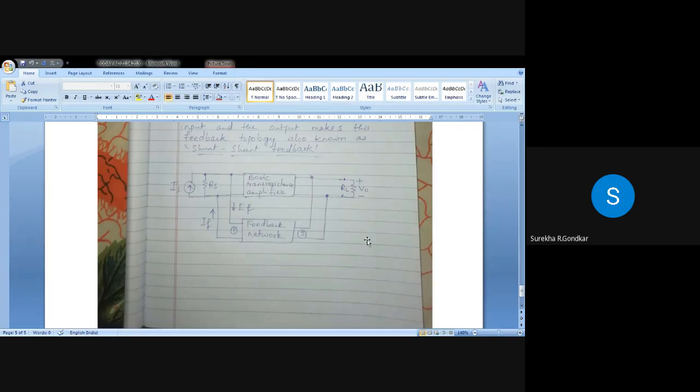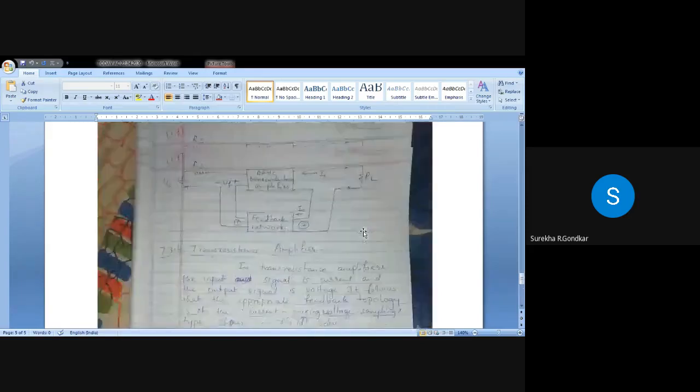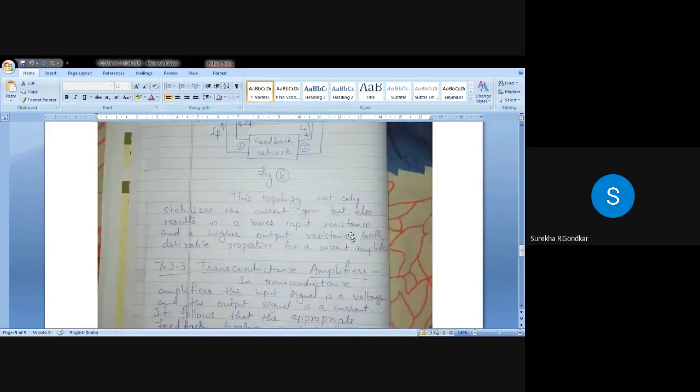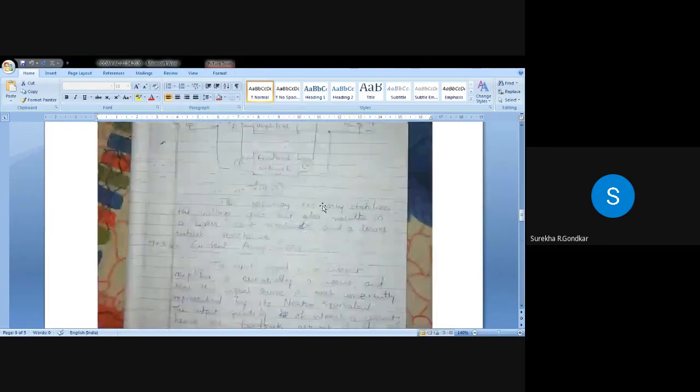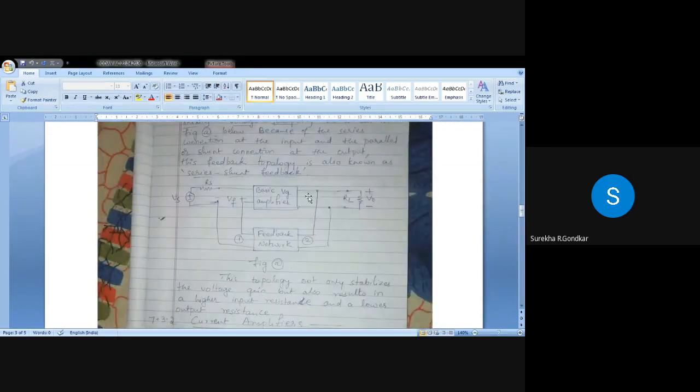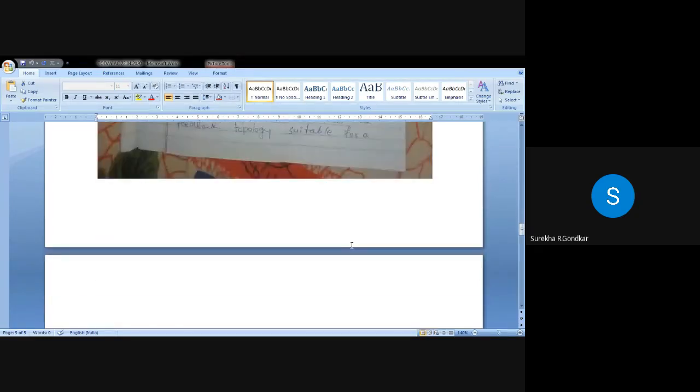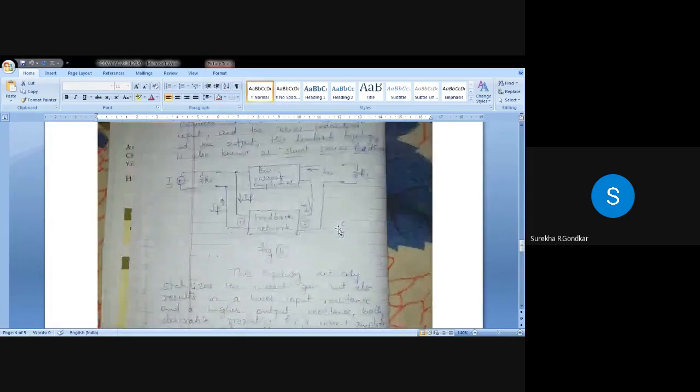And at the output, current sampling is always series and voltage sampling is always shunt connection. Since here we are tapping the voltage, you can see here it is parallel connection, correct? In one more topology also we are tapping the output voltage, that is the first topology. You can see here voltage is tapped, so it is in parallel connection. Wherever we are tapping output current, that is in series connection.